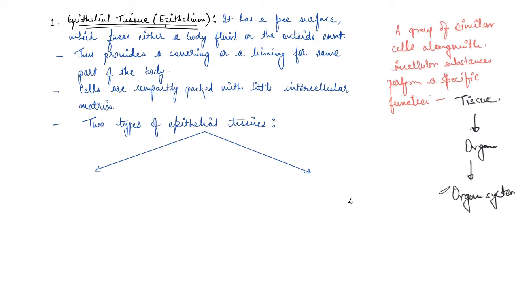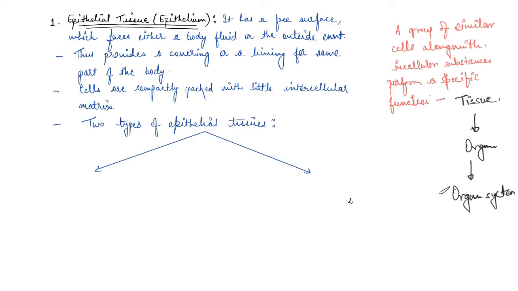So the outermost layer of our body is made up of epithelial tissue. From one side, it is facing the environment, and from the other side, it is facing a body fluid or something like that. And this provides a covering or a lining for some part of the body.